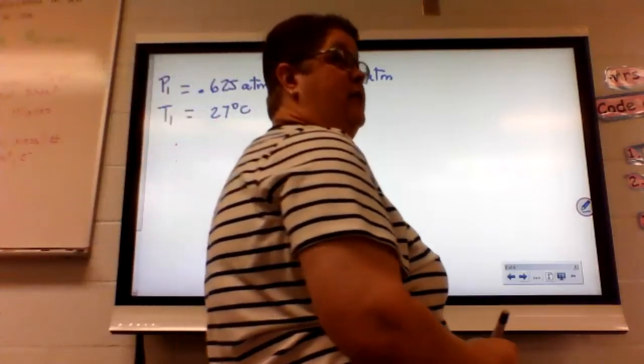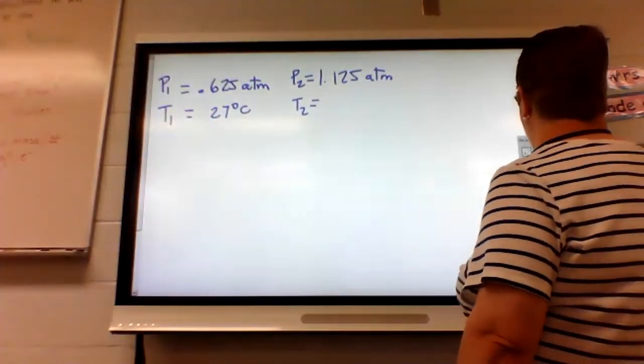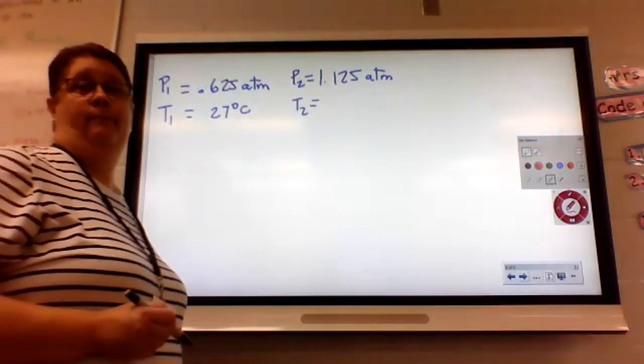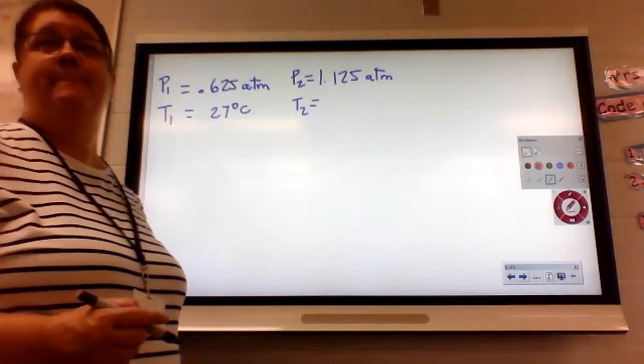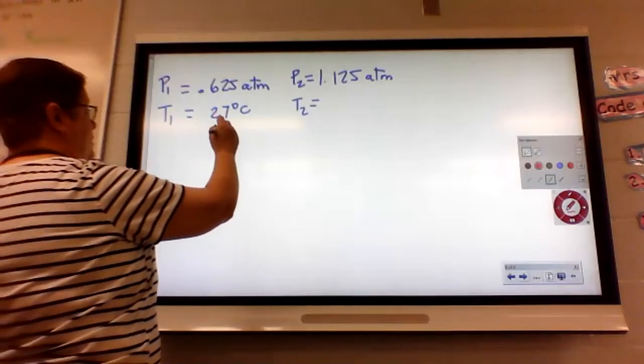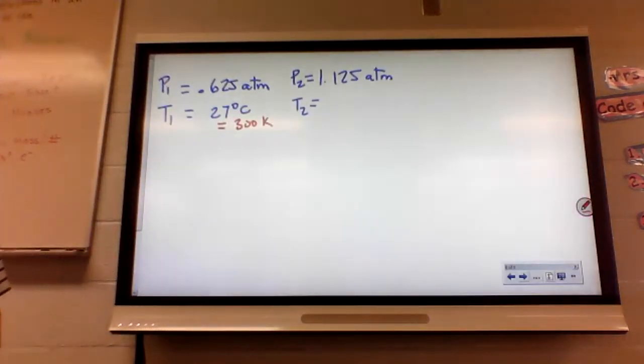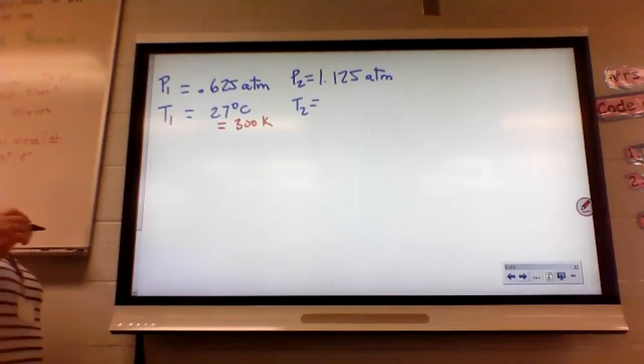Now, in this one, my units match for pressure. So what do I have to do to my temperature? Yep. 27 plus 273 is 300 K. It threw me off when it says at constant volume. Constant volume means you want the formula that has no volume.